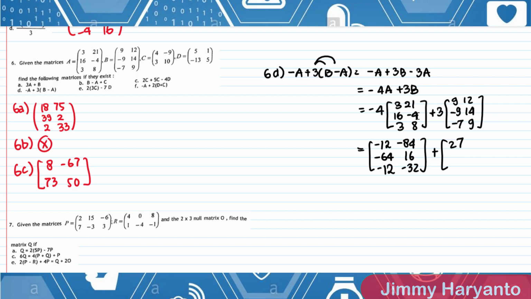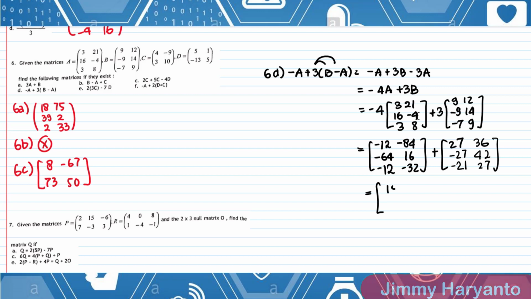Okay, good. And then the next is 27, 36 minus 27, and then 30 plus 12, 42, and then for this one is negative 21, and the last one is 27, and then we have to add them together.